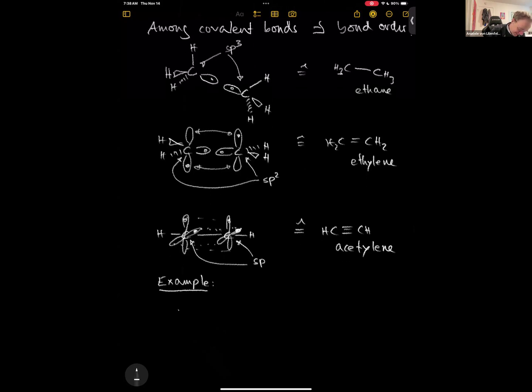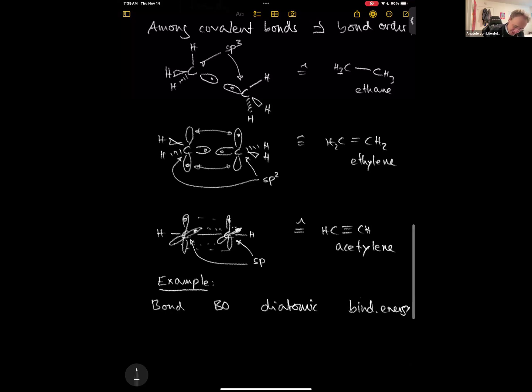So if you consider the bond order of a certain molecule, and the binding energy, which is really the same as the atomization energy, again measured in kilojoules per mole.